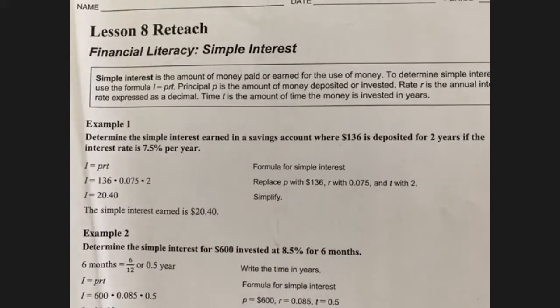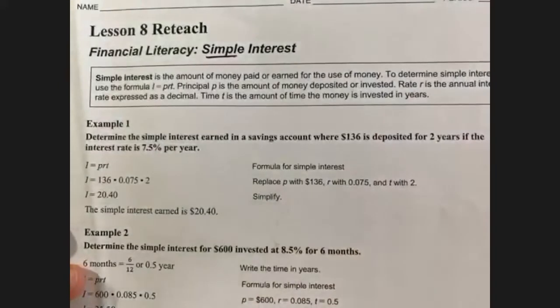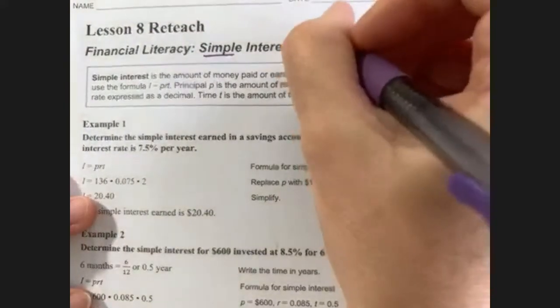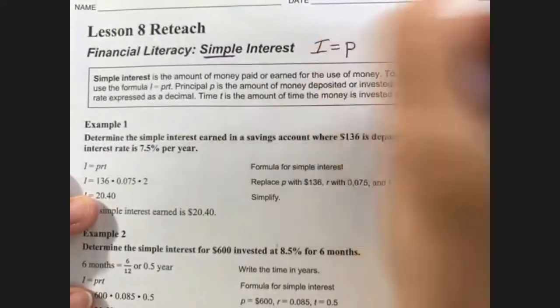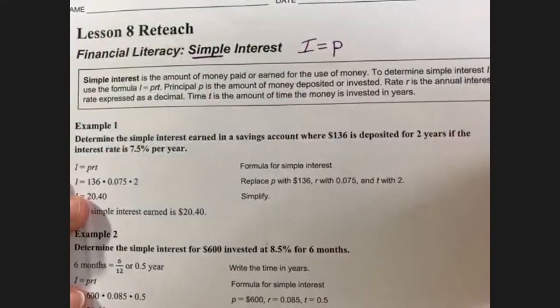So in the case of number 1, we are getting simple interest. And when I say simple, it really is. The reason they call it that is because there is another kind of interest other than simple interest that gets a little more complicated. Simple interest is simply a formula of interest equals whatever my principal is. And we're going to talk about P, principal.